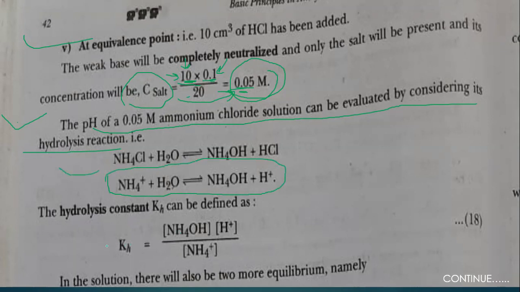Okay, see, by applying the law of mass action, KH is equal to the product of concentrations of these two species upon the product of concentrations of these two species. Here there is H2O, but its concentration is very high, so we are not considering that.